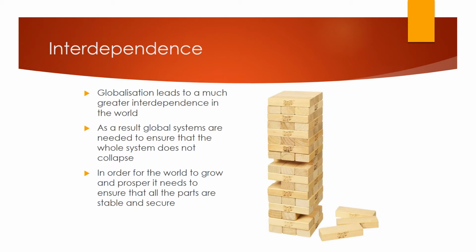So we need a system of organization and structures to be able to ensure that that is the case. So in order for the world to grow and to prosper, it needs to ensure that all the different parts of the global system are stable and secure. And that will then allow for economic growth and development and all of those other things.